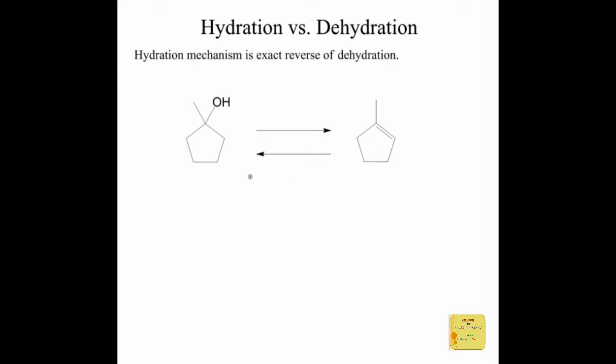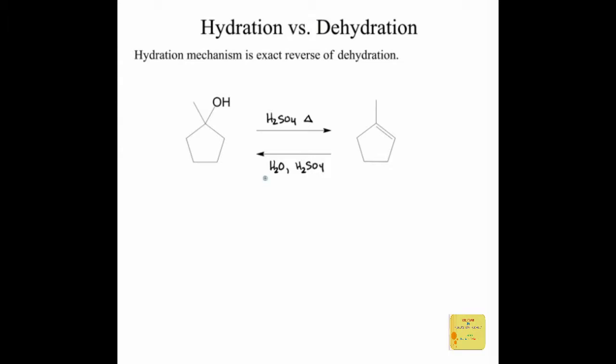So we just saw this part. When we want to hydrate a pi bond, we use water and H2SO4 to go from an alkene to an alcohol. And how do we dehydrate? What conditions do we use to get rid of water? We use H2SO4 and heat. Very similar conditions in that they both have a strong acid. They both need acid, okay?